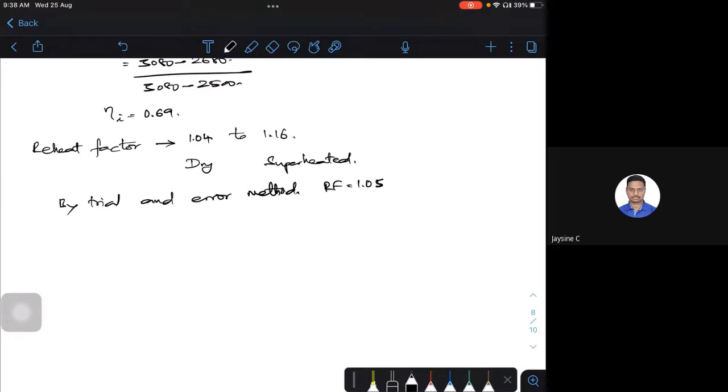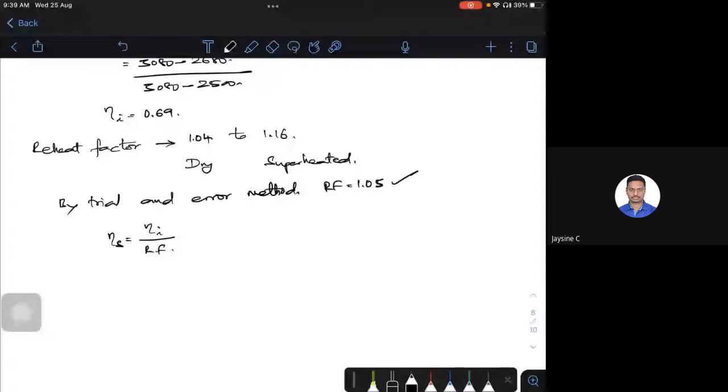So the relationship with your stage efficiency: we have defined that the stage efficiency is equal to the internal efficiency divided by the reheat factor. I'm making an assumption by trial and error.